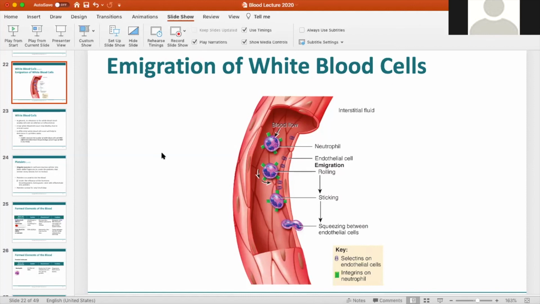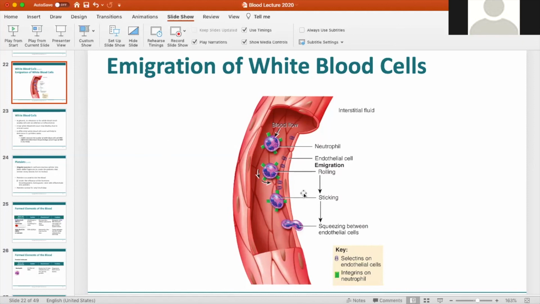So membrane transport that you learned about in Anatomy 1: diffusion, facilitated diffusion, and filtration. They are all going to be occurring here within these capillaries. So blood cells can move in and out of the capillaries if they need to. When I talk about blood cells, I am referring to the white blood cells.